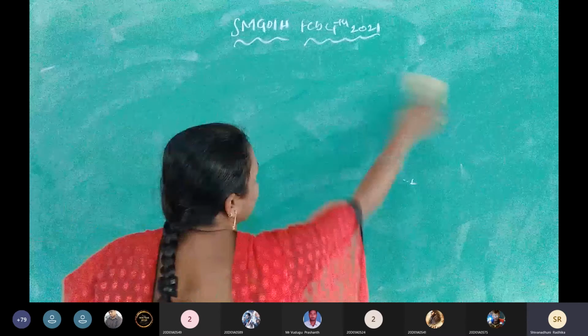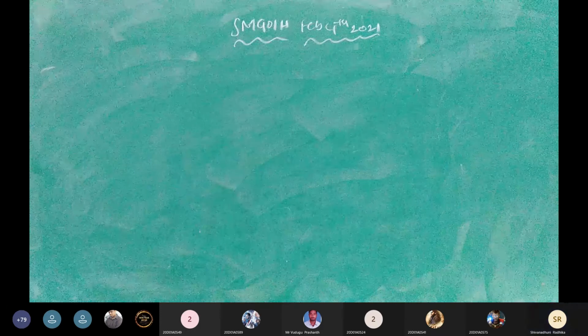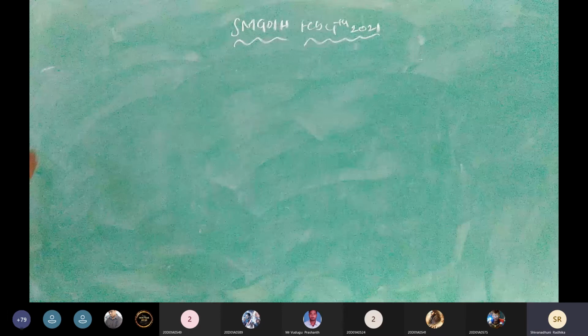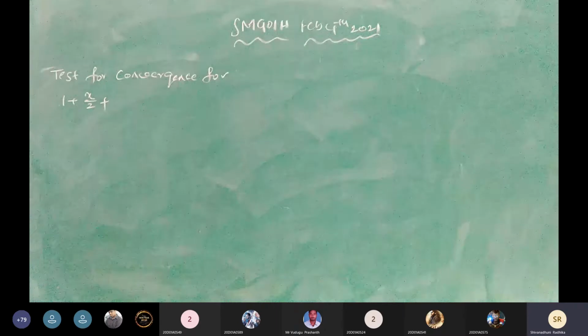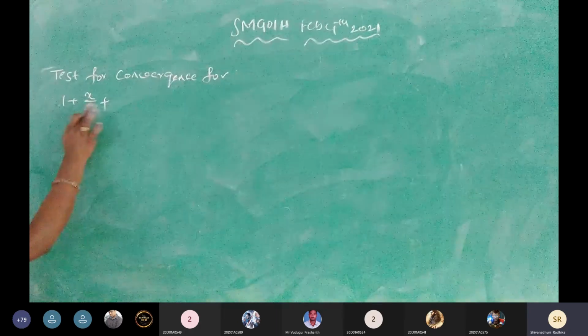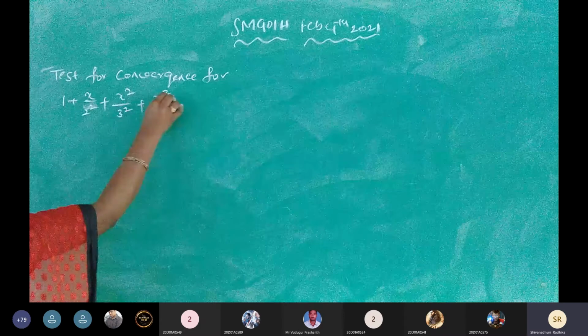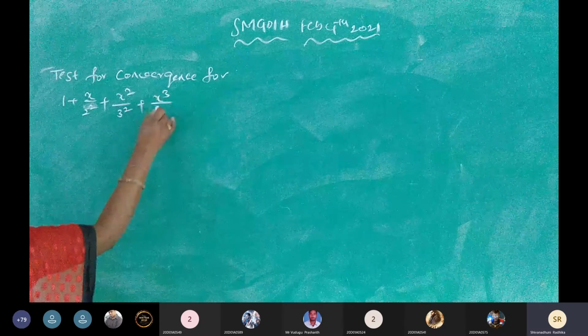Next important problem, that is the previous question: test for convergence of 1 plus x by 2 squared plus x squared by 3 squared plus x cubed by 4 squared, etc., where x is greater than 0.